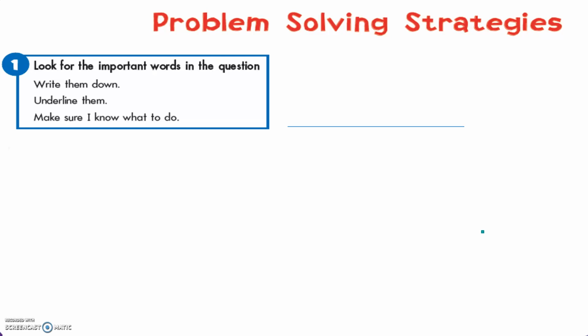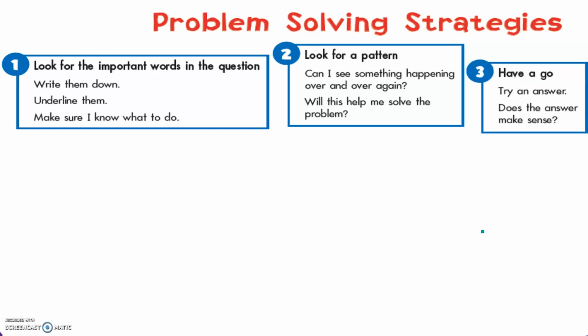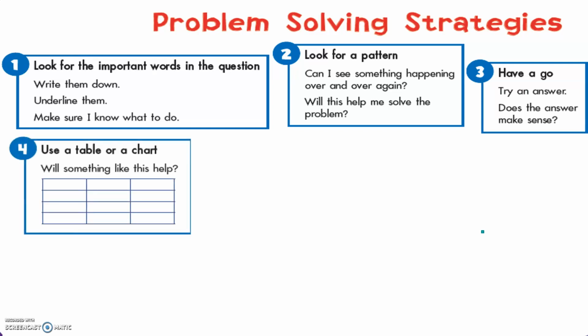So some problem solving strategies. Sometimes we can look for important words in the question. That's relevant, particularly when we're doing a test. We underline keywords. We might write down keywords. We think about what we need to do and what is important in the question. We sometimes look for a pattern. We might give an answer a go and then test it, see if it makes sense. We might use a table or a chart to help us solve a problem.